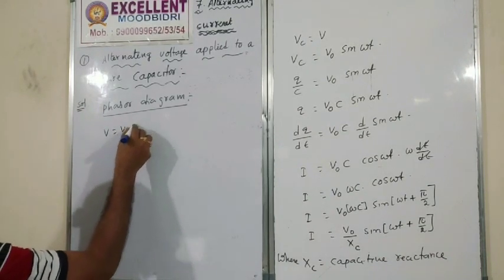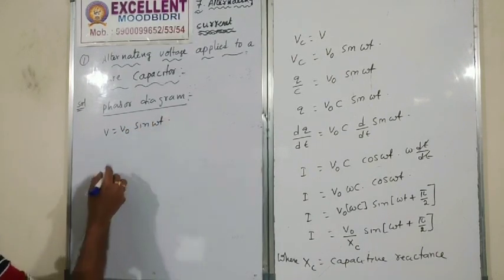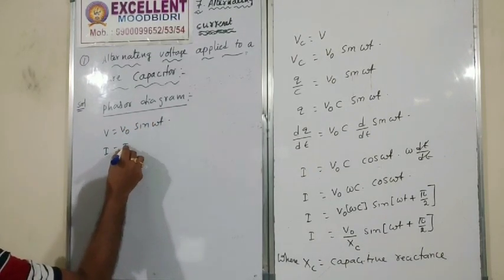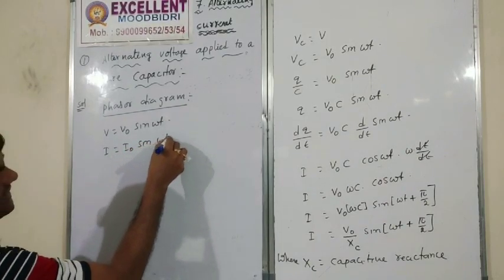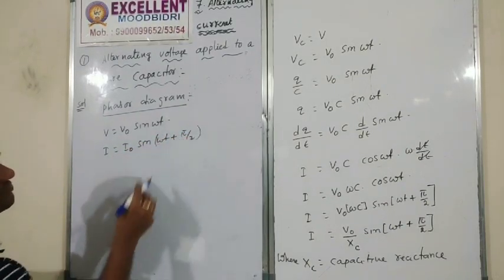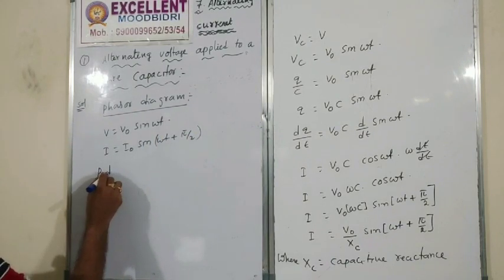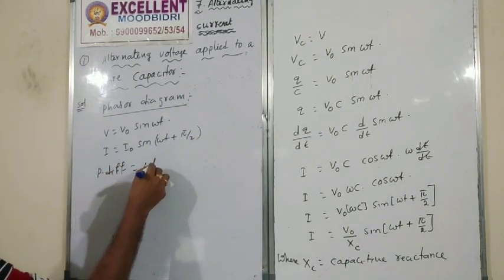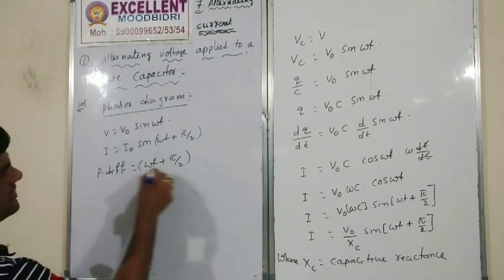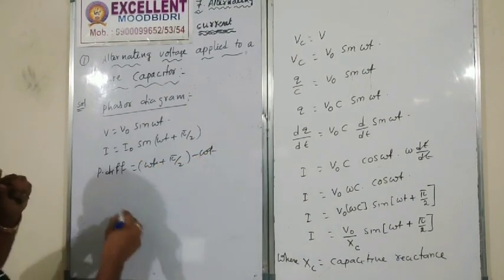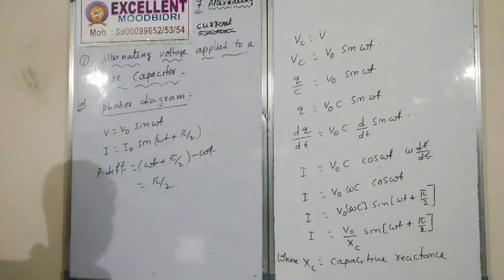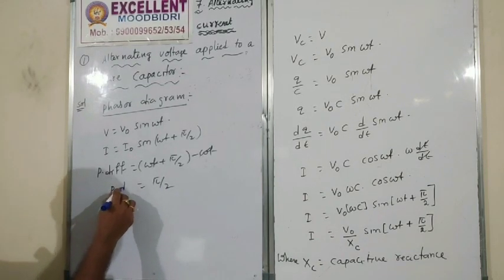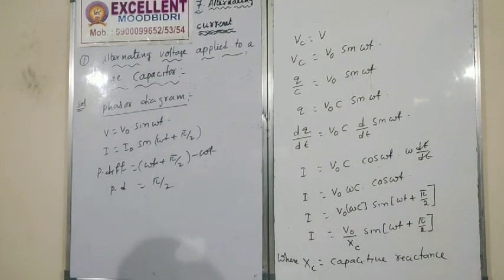V is equal to V naught into sine omega t, and I is equal to I naught into sine omega t plus pi by 2. Phase difference is omega t plus pi by 2 minus omega t. Omega t gets cancelled, therefore the phase difference is pi by 2.